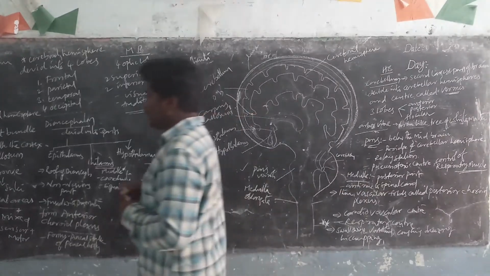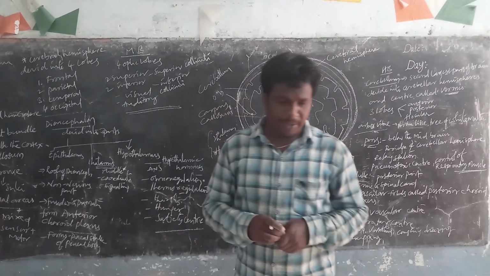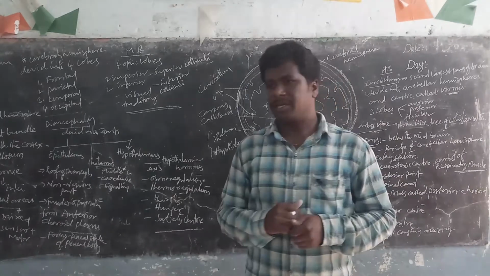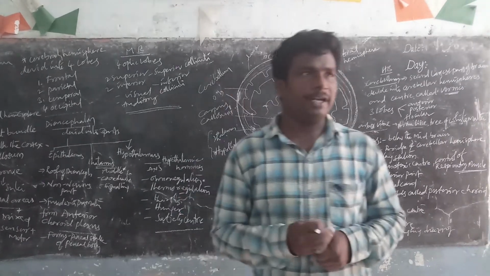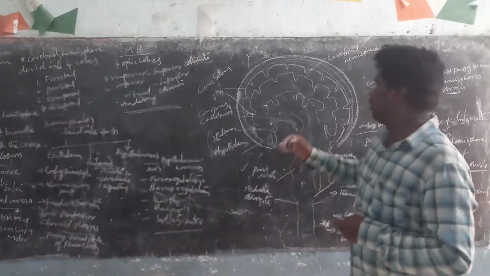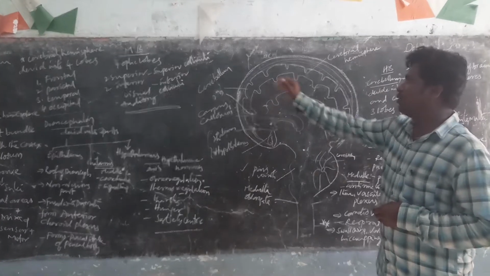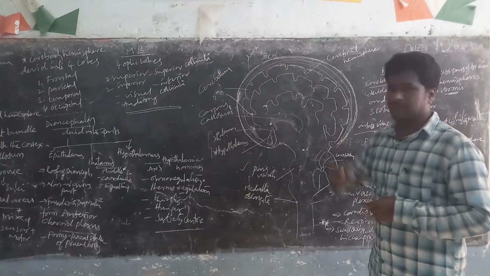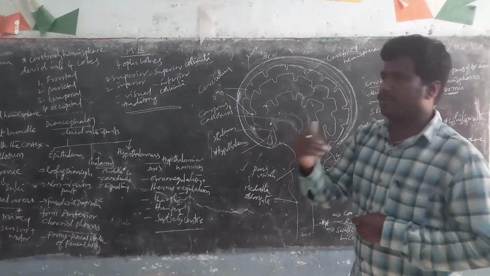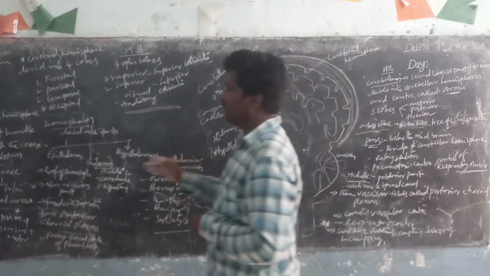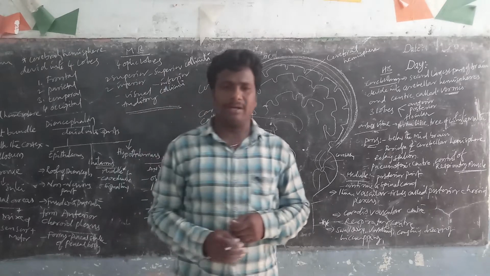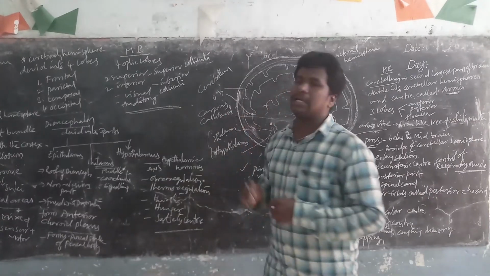Okay, then the cerebral hemispheres divide into cortex and medulla. Here the cortex has different types of regions. Here we are observing the folds and grooves. The folds are called gyri, and each single one is called a gyrus.